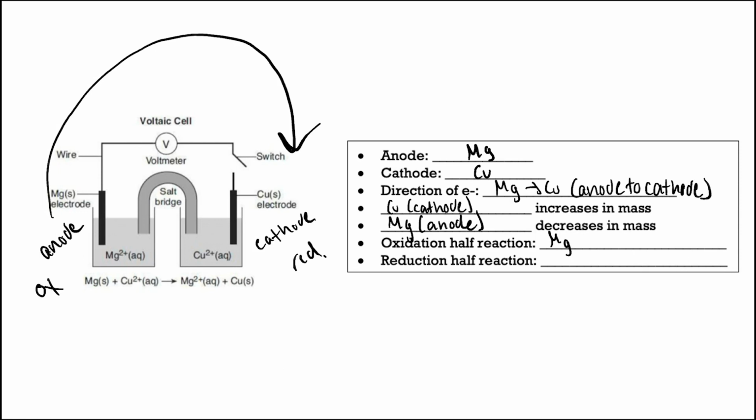And our oxidation half reaction looks like this. And the reduction half reaction looks like that. And it did give you the balanced reaction should you want to look at it. So after a while, these things do get very repetitive.